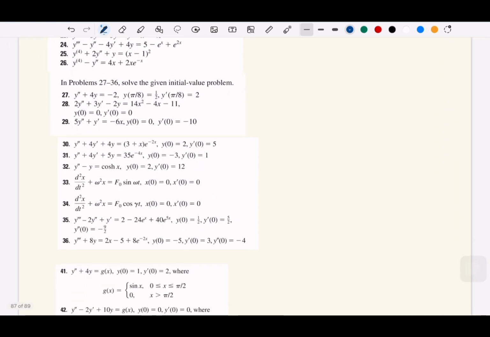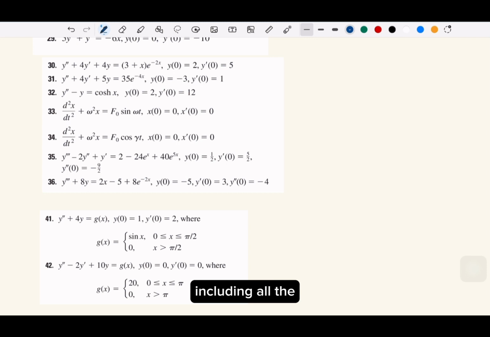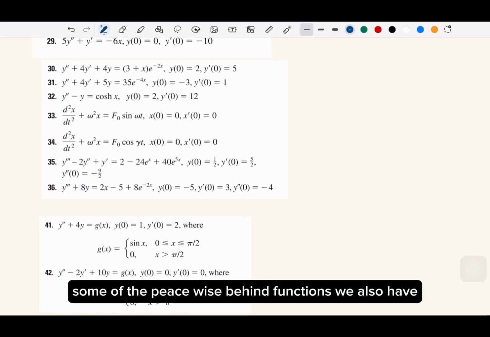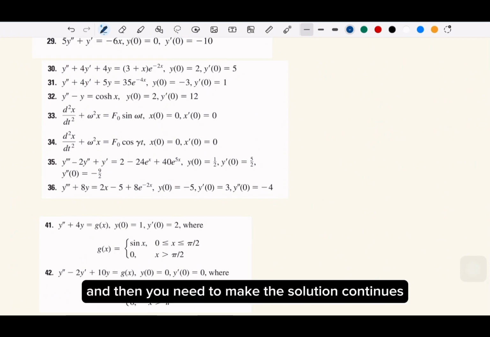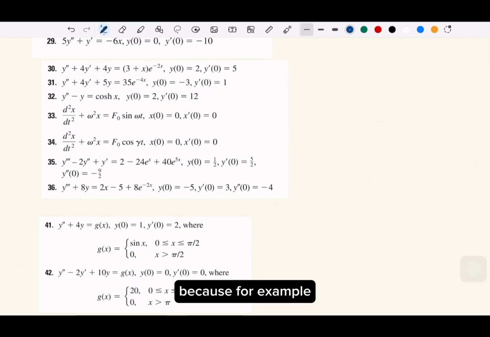So, including some piecewise defined functions we also have. The principle is the same. You have the interval, and then you need to make the solution continuous. Because for example, this has the initial value at x equals 0, which means it's only for the first interval.